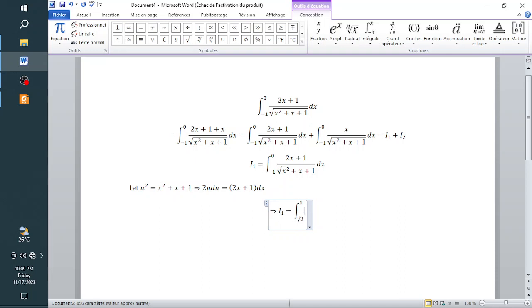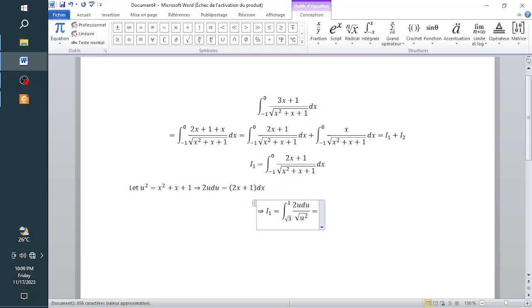Now the numerator of this integral is (2x + 1) dx, which is 2u du, and the denominator is now the square root of u squared, because what is inside there is u squared. But the square root of u squared is the absolute value of u, but we have chosen a positive interval, so the absolute value of u just becomes u.